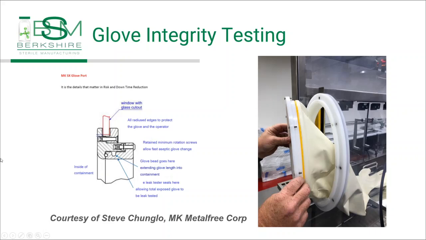And so you're getting a full glove integrity of the glove and also this connection here with the side of the isolator. I have seen some glove systems and glove integrity test systems that actually seal on the inside of the glove and don't give you full integrity of this area right in here. So it's very important that you pay attention to the type of glove tester that you're using.